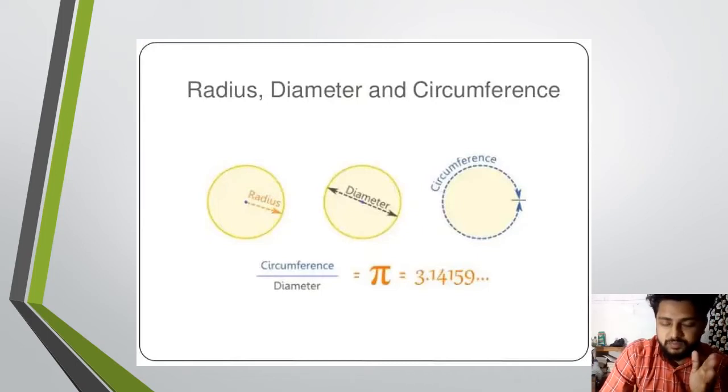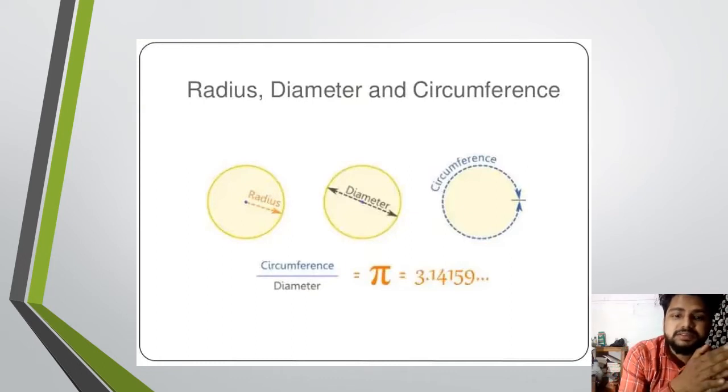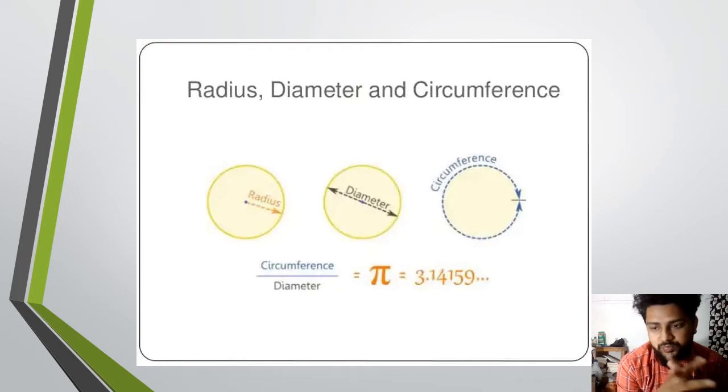Now here is the complete notation of circle, diameter and circumference in one slide. This one is the radius, this one is the diameter, this one is the circumference, and here is some relation also.